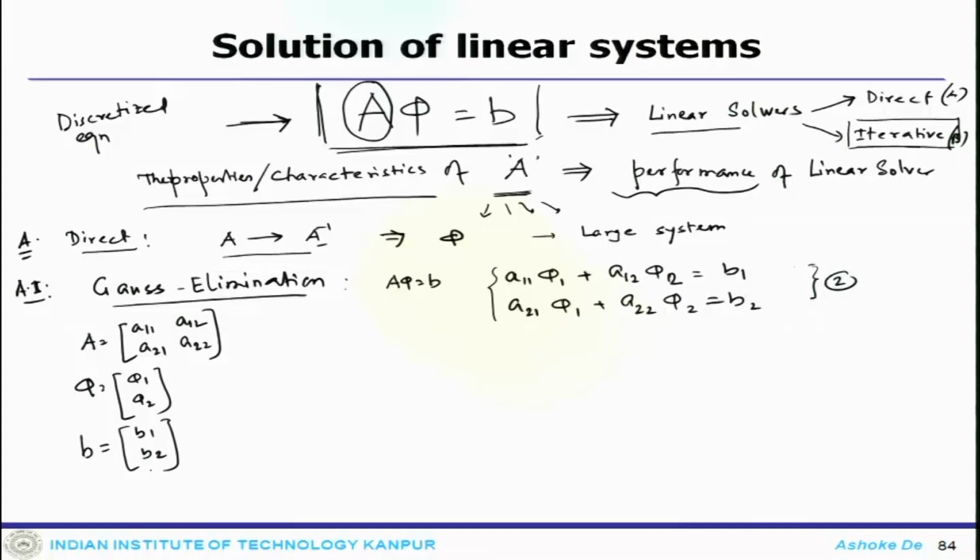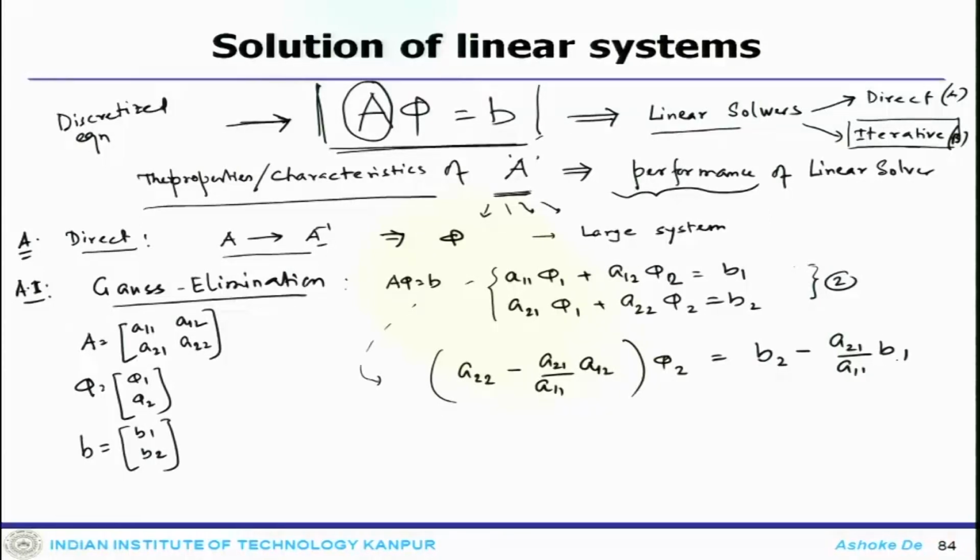So, that is what it leads to. Now, this system can be reduced by eliminating one of the variables, because it is a 2 by 2 system. What you can do is multiply the first equation by A21 by A11, and then this equation becomes A22 minus A21 by A11 times A12, phi 2 equals B2 minus A21 by A11 into B1.